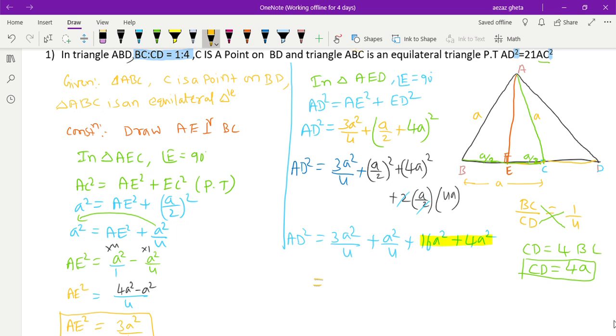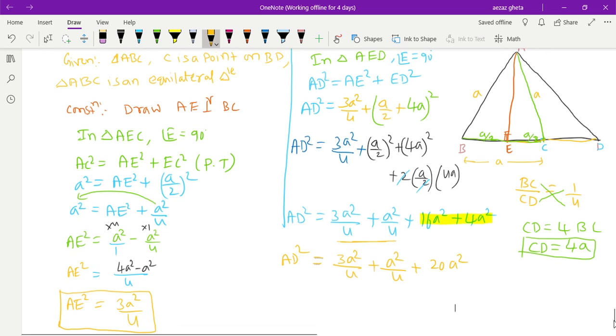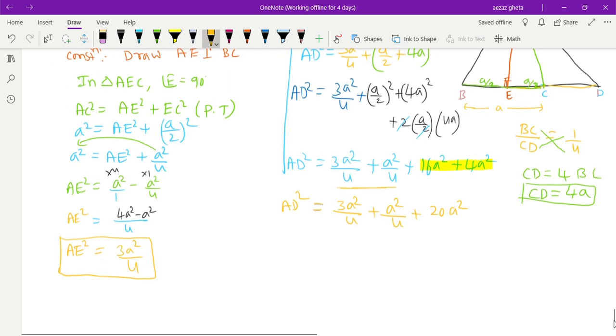So AD square is equal to, here I can take the LCM, or later on take everything together. So 3a square by 4, a square by 4, 20a square, right? Now we'll go for an LCM.